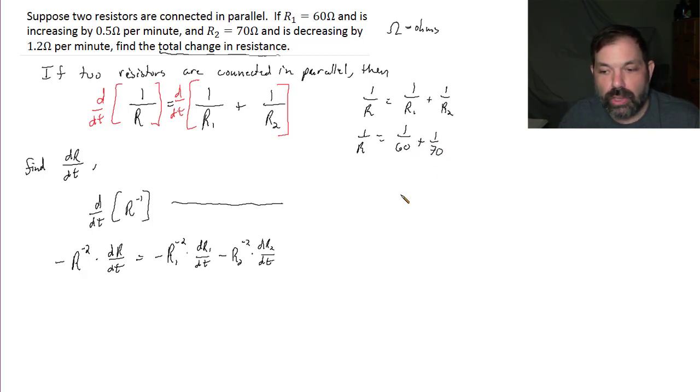We know how to add fractions. We learned how to do that in elementary school. So 1 over R ends up being 13 over 420. That means R is 420 over 13.